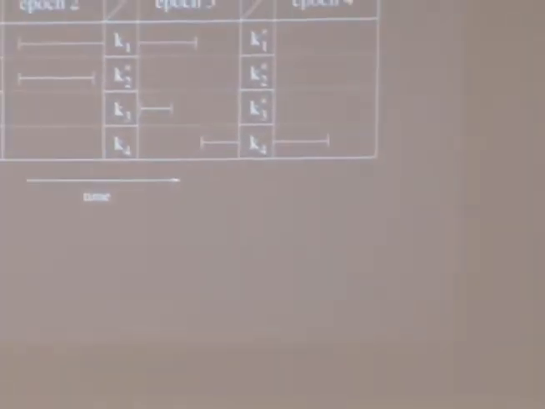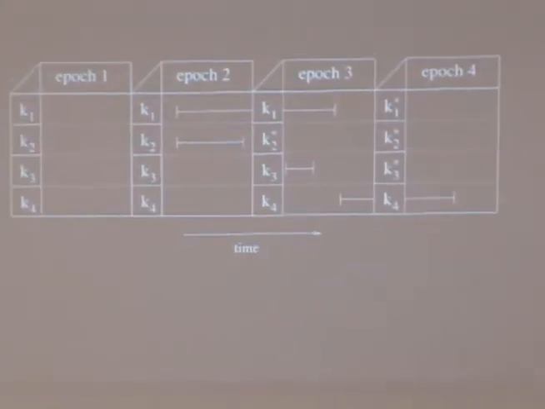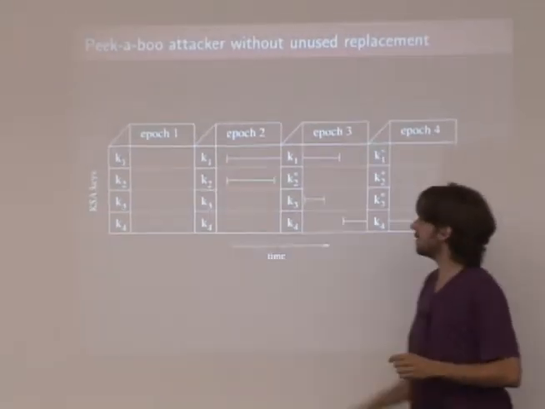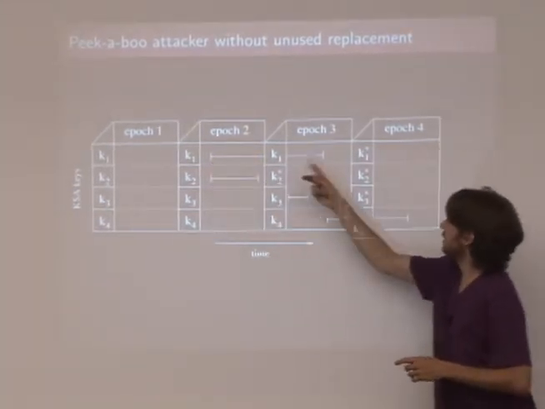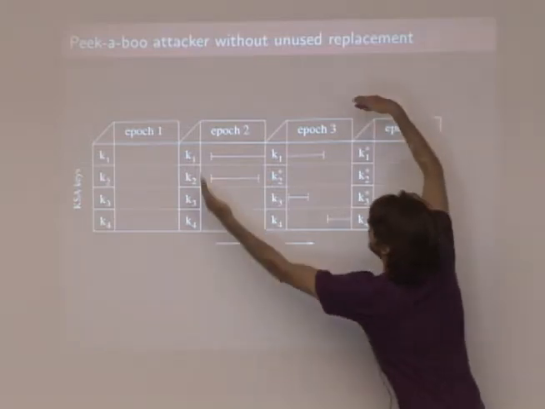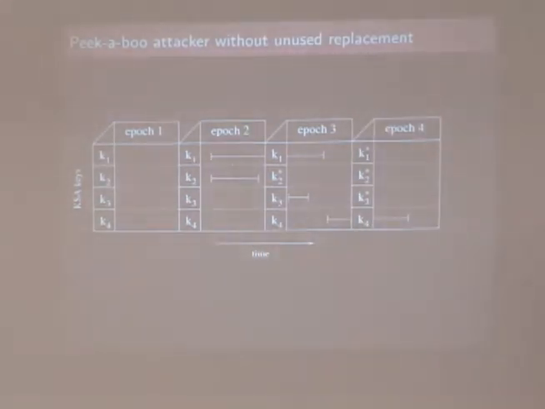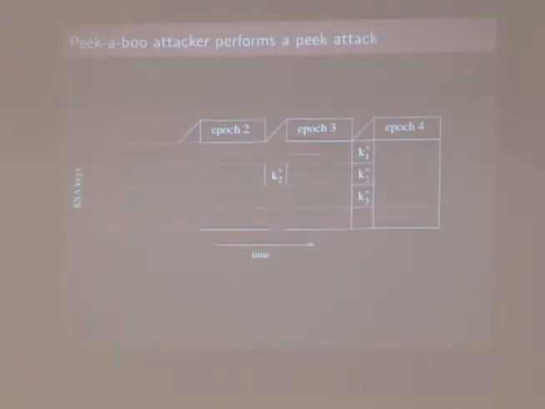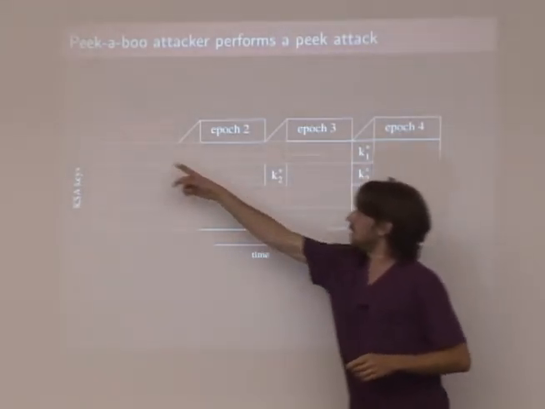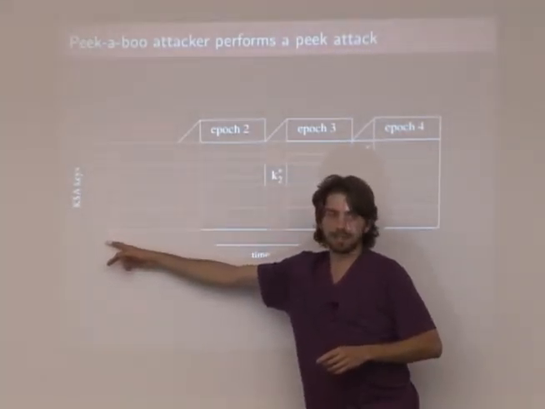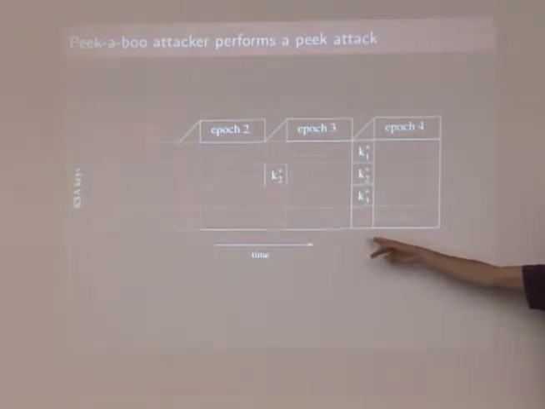And as a result, this is why we update unused values. Here I have four purging epochs with four keys and their history. K1 is created in purging epoch 2 and deleted in purging epoch 3, so its lifetime would be both of these purging epochs. And K4 is only written in epoch 3. If a peek attack occurred in the first epoch, I guess it's a bit harder to see with the colors, but they would compromise all of these keys, and in particular K4 won't be used until a few epochs later.